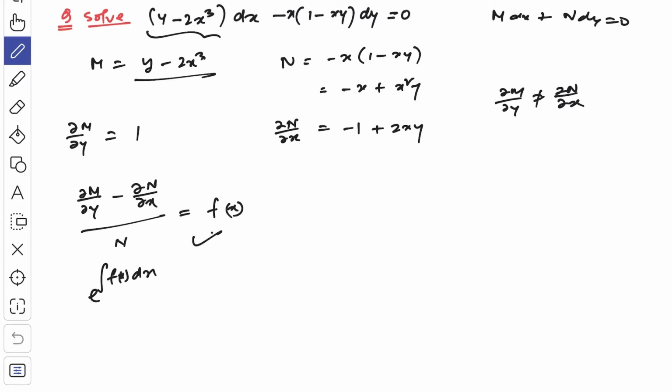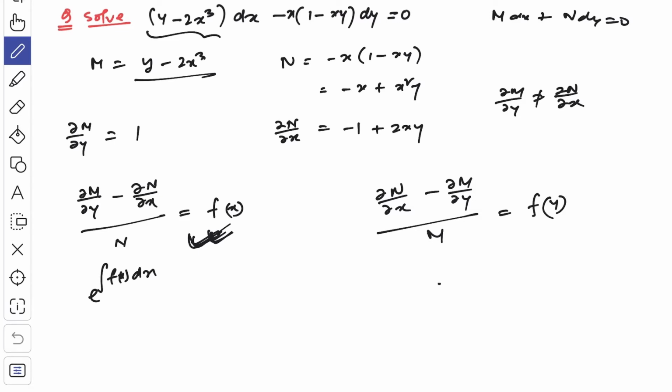If it is not possible to express this as a function of x, then ∂N/∂x minus ∂M/∂y should be divided by M, and we will try to express this as a function of y.